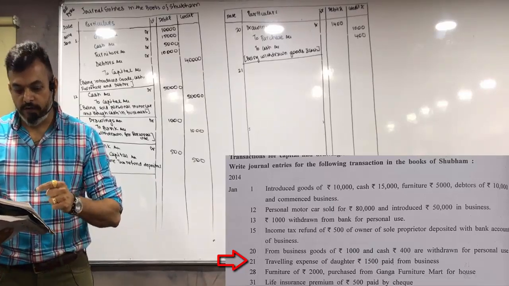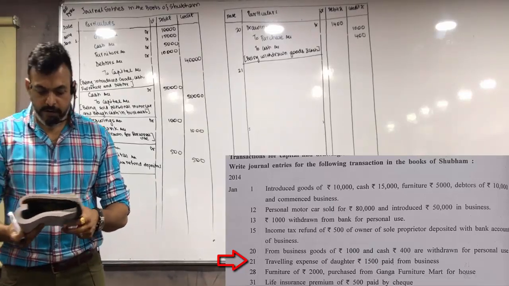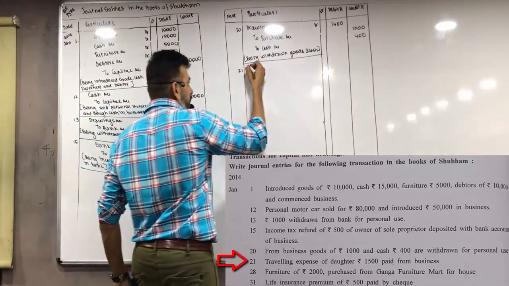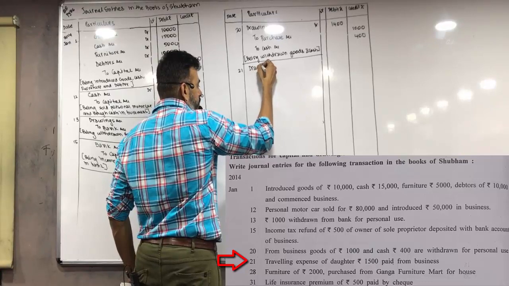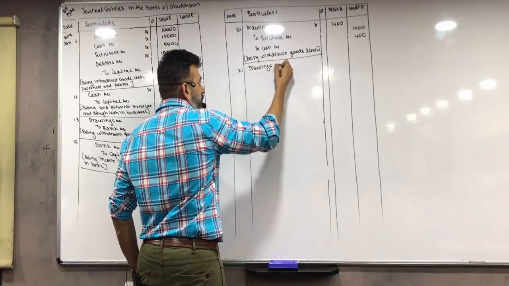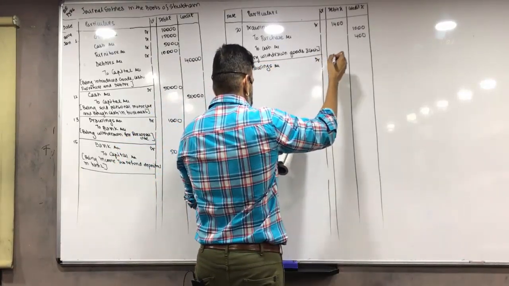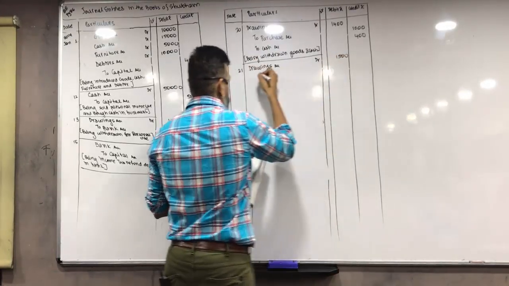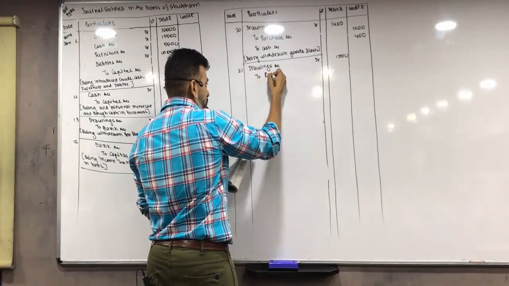Owner का. So ये कौन सा है? Drawings. Paid from the business. So drawings account debit. To cash account.